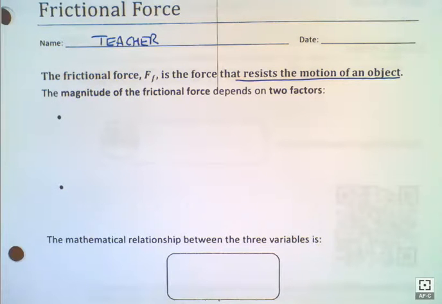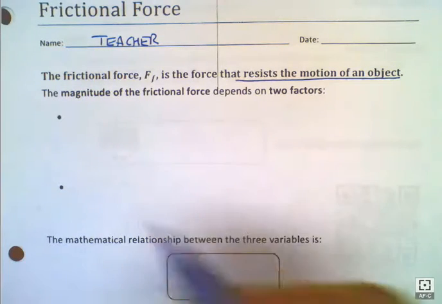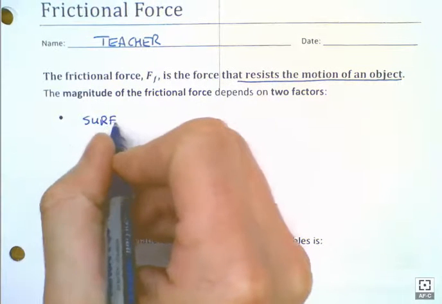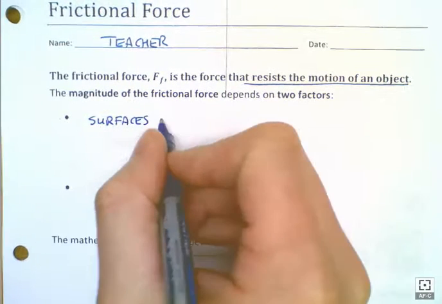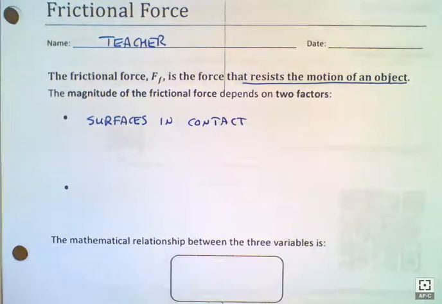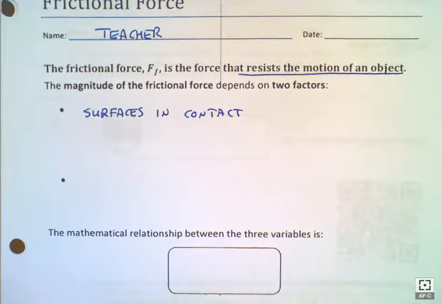So there are really two factors that play a role in this. I mentioned the first one, which is the surfaces in contact. The surfaces in contact are a big part of how we define how much resistance there is from the force of friction.